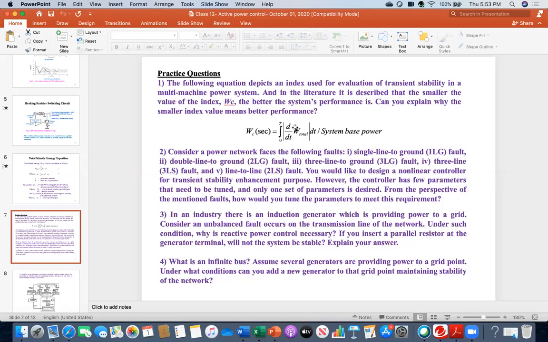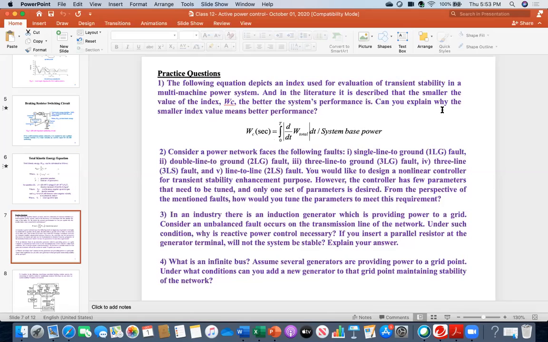Now this is one important equation to evaluate the transient stability for a multi-machine system. With regard to that, the question is: everybody see, the following equation depicts an index used for evaluation of transient stability in a multi-machine power system. In the literature, it is described that the smaller the value of the index WC, the better the system performance is.